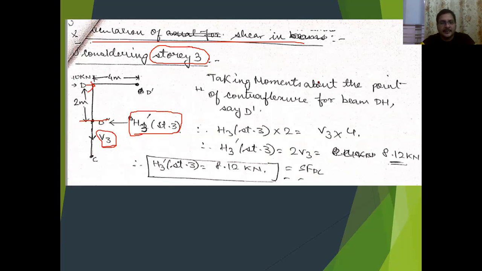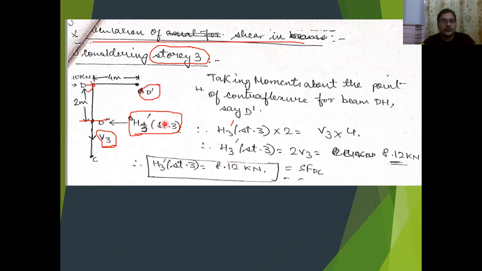So I will take moments about the point of contraflexure, D dash. To find the shear force, we take moments about this point of contraflexure of the beams. Taking the moment at this point, that is H3 dash into 2, the horizontal force.